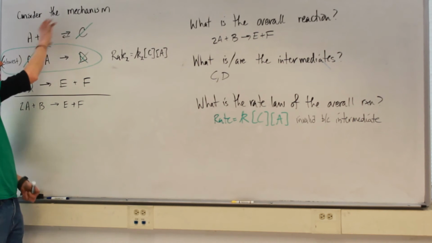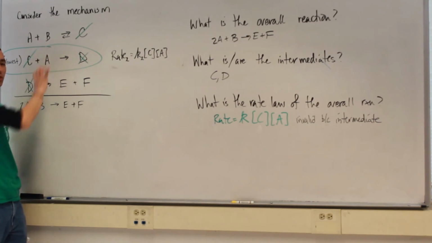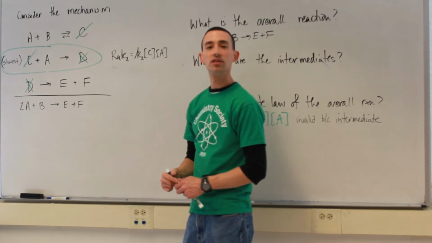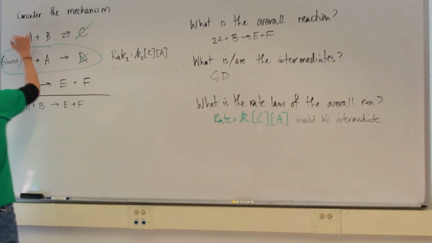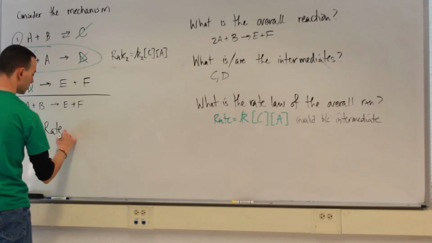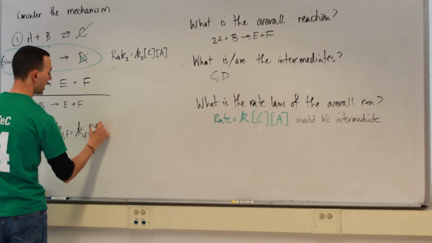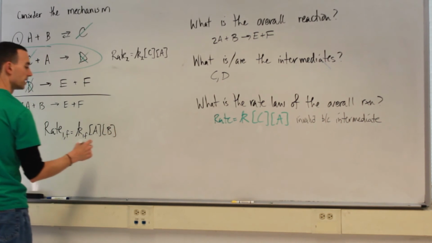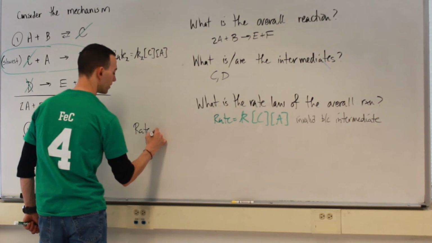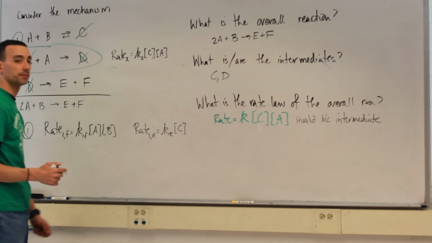As A and B react to form C, and the C's sort of wait around to react with additional A's, one possibility is that they might reverse and go backwards to A and B. So for my first reaction, I'm out of room up there, the forward rate law would be K1 forward times A and B. The reverse rate law, rate 1 reverse, would equal K1 reverse times the concentration of C.